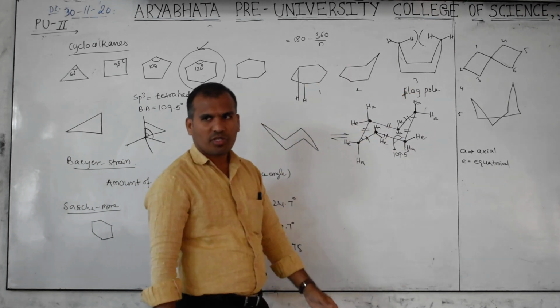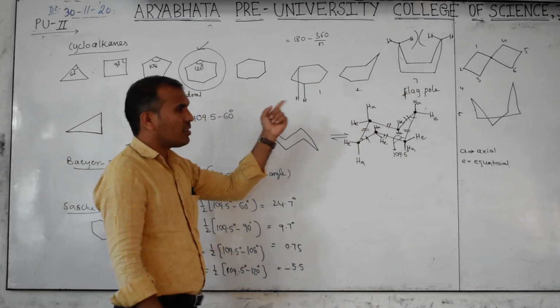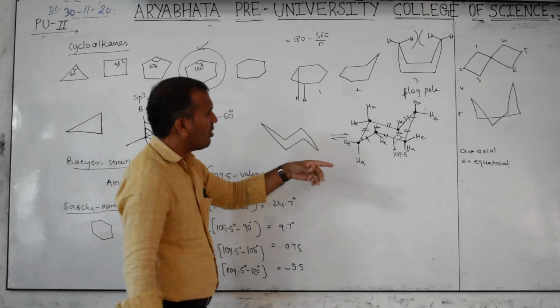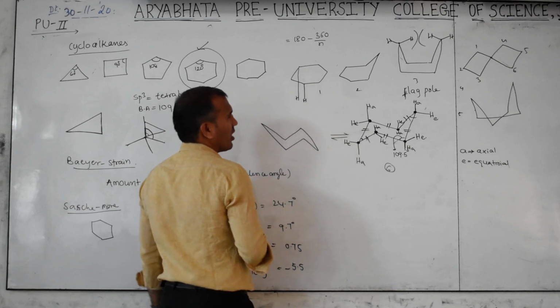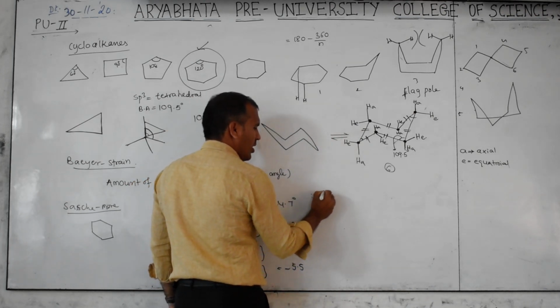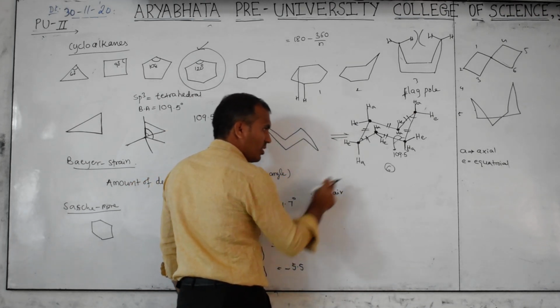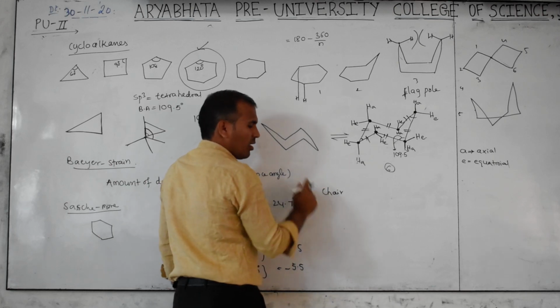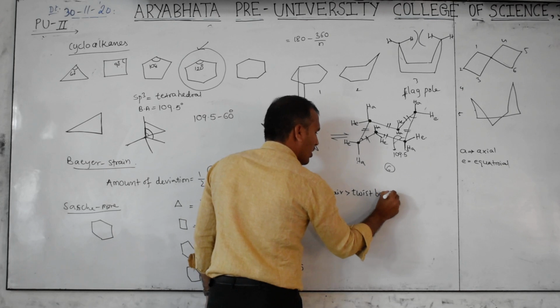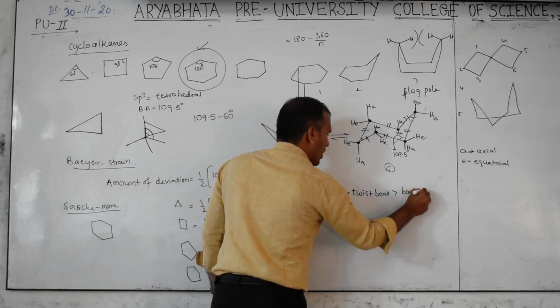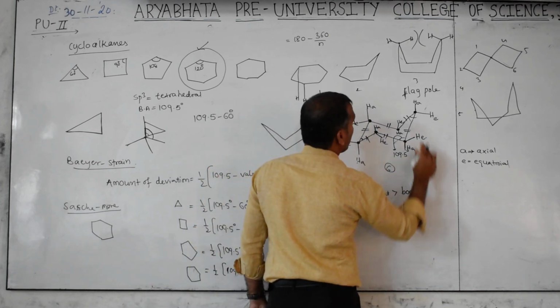Now they may ask a question, the order of stability of these six-membered forms. Okay, now tell which is more stable. Chair form is more stable. Both are chair form only. Next, twist boat. Next, boat. Next, half chair.